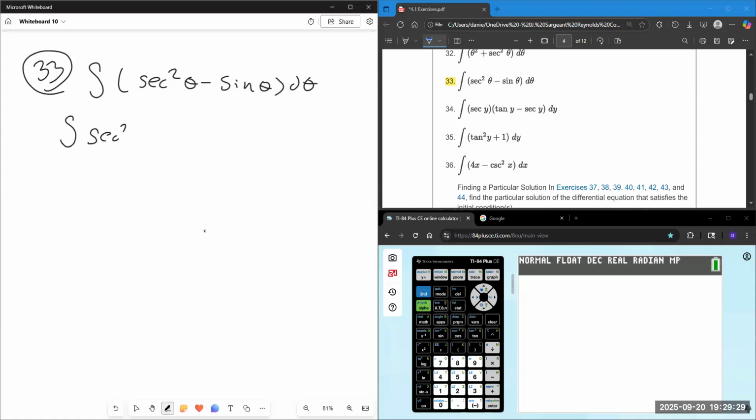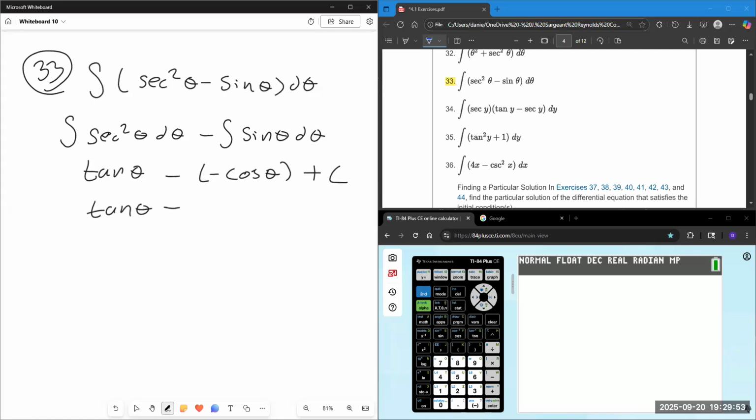The integral of secant squared theta d theta minus the integral of sine theta d theta. The integral of secant squared, we just talked about, is tangent, minus the integral of sine, which we just talked about was negative cosine, plus capital C. So that's going to be tangent theta plus cosine theta plus capital C.